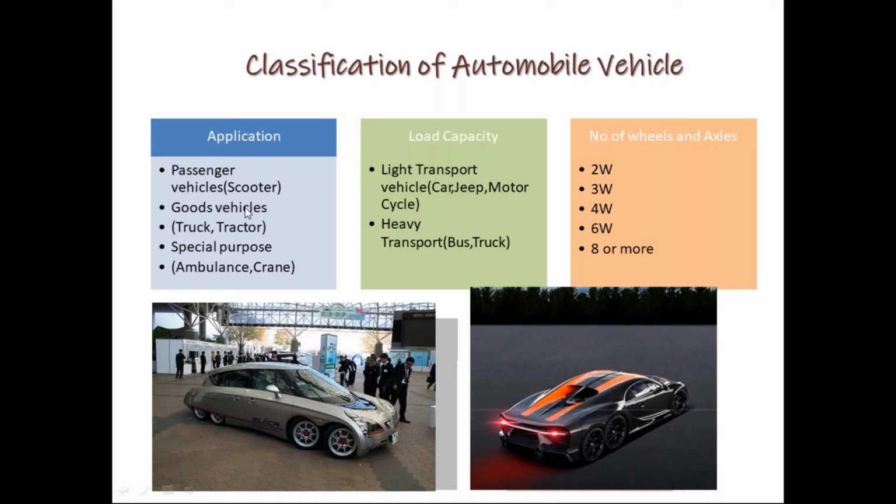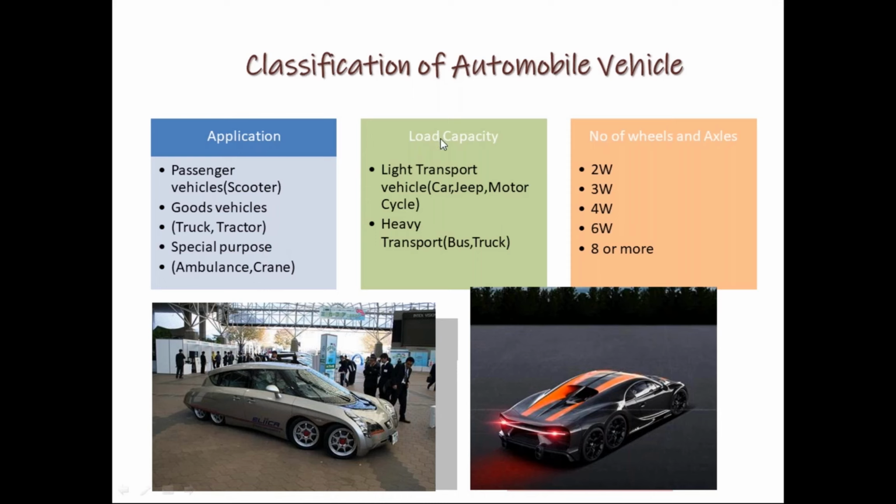You may check the containers which are moving, or different trucks and tractors. Then special purpose, where you may consider ambulances, cranes or movers. So based on application we have classification likewise.